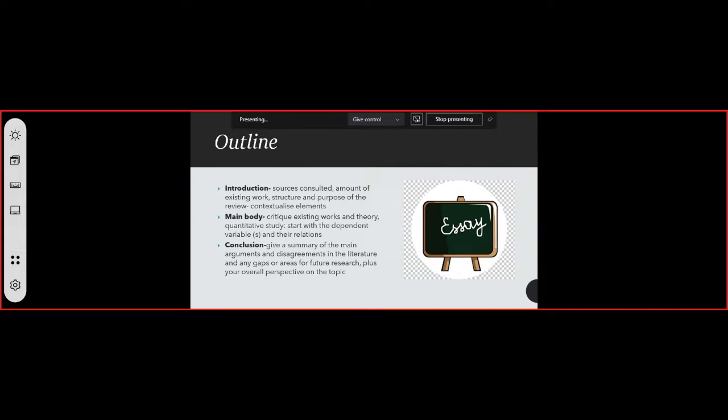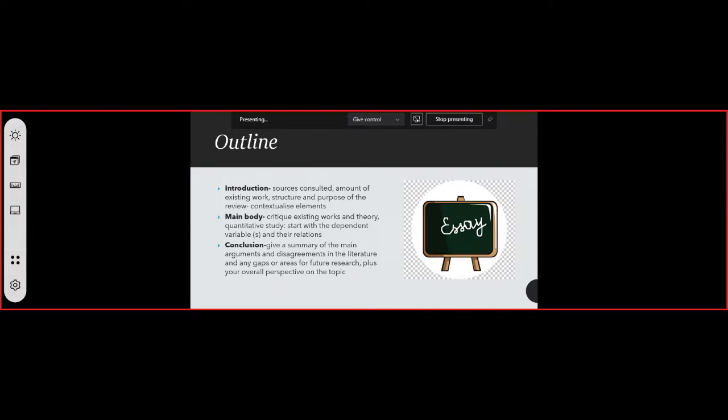With your quantitative studies, you often start with dependent variables and then their relations. If you did more of a thematic analysis, you would start unpacking your main themes or your main areas, and then you would always in a literature review chapter have a conclusion.